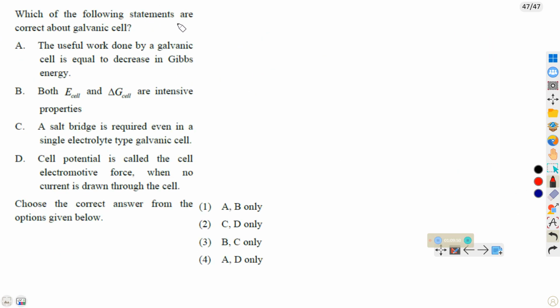Which of the following statements are correct? The useful work done by a galvanic cell is equals to decrease in Gibbs energy. Correct. Delta G is equals to minus nFE cell. Both E cell and delta G are intensive properties. Wrong.